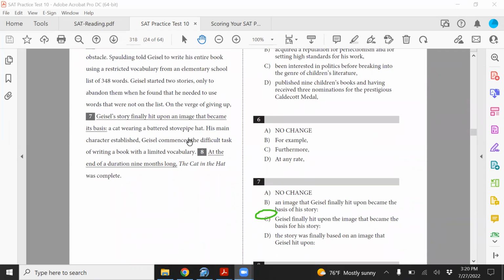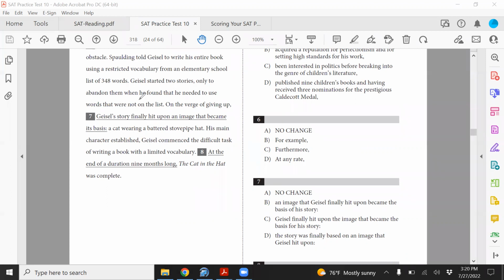His main character established, Giesel commenced the difficult task of writing a book with limited vocabulary. So let's see here. And it's an image. So I kind of like on the verge of giving up.